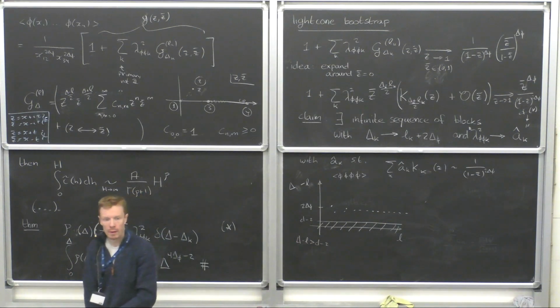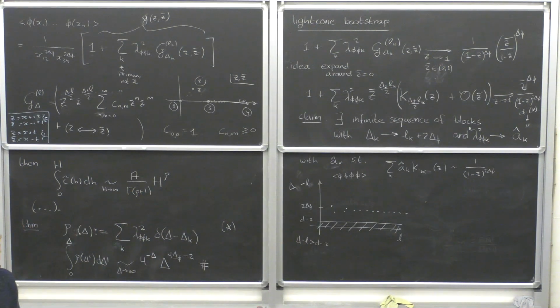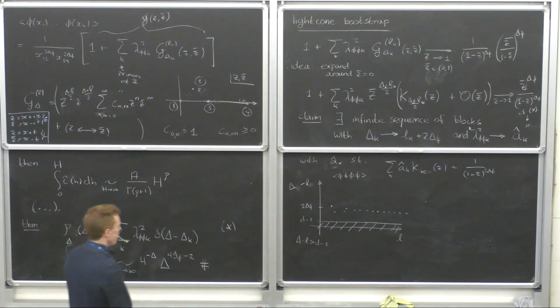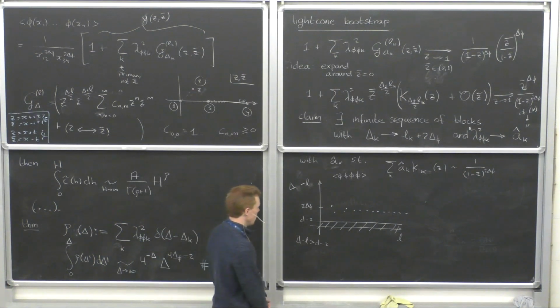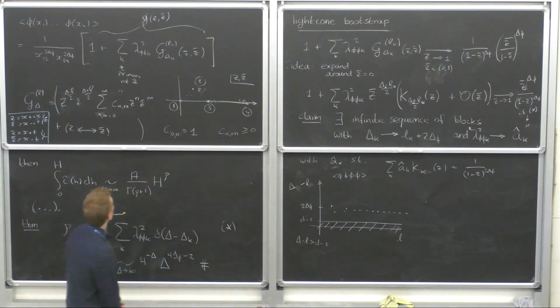Yes. Is it a discrete series, or do we have some dense region with L, which cannot take an integer? No, L is always an integer because it's really the spin of the operator that appears in the operator product expansion. And that's a good local operator, so it has a good spin.